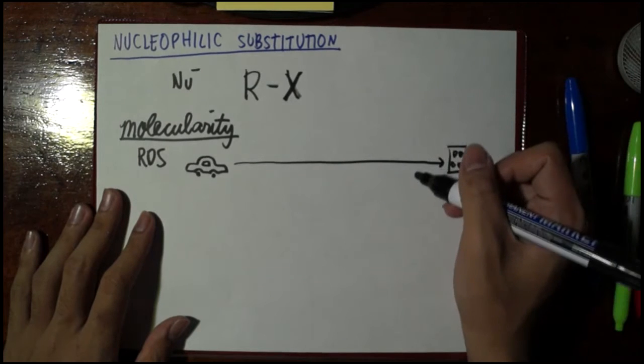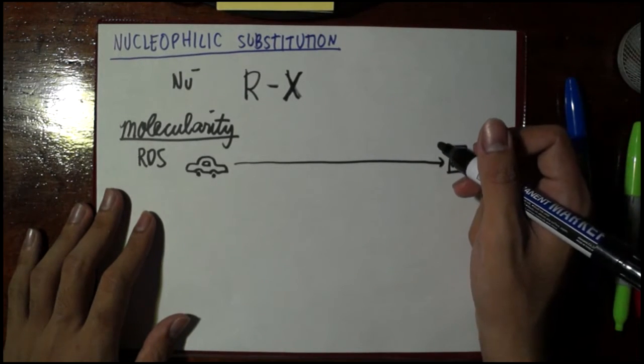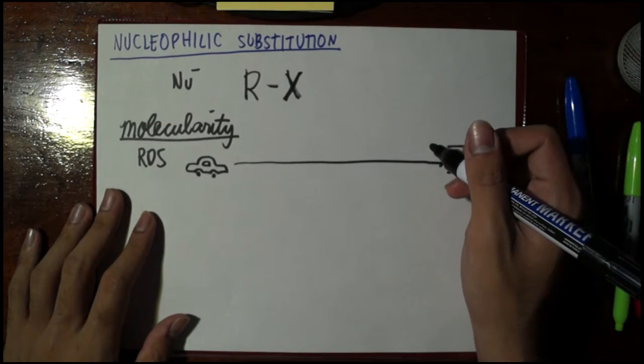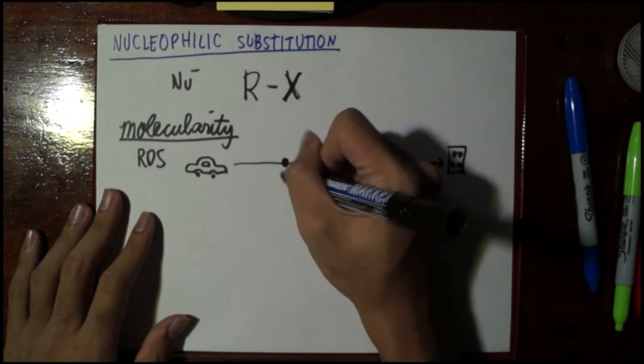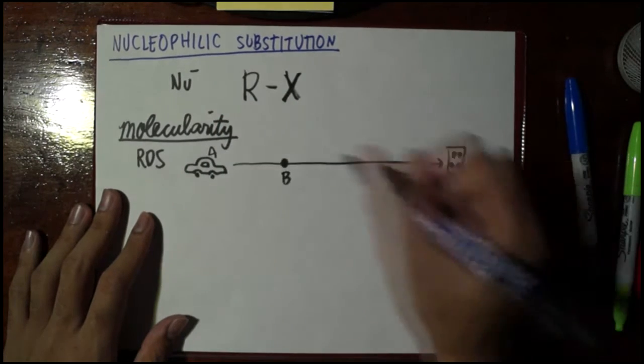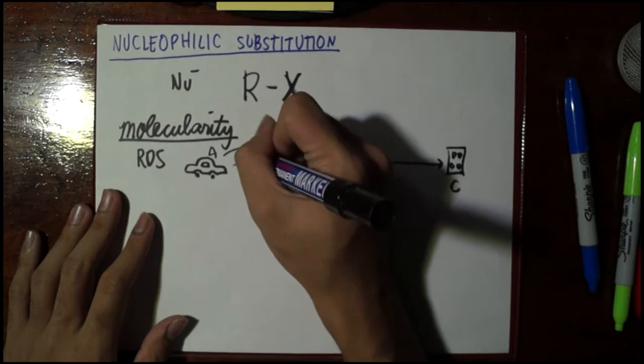Let's say the total travel time is 2 hours, and for example, let's have here a point B. This is point A and this is point C. From point A to point B, it would just take us, let's say, 10 minutes.